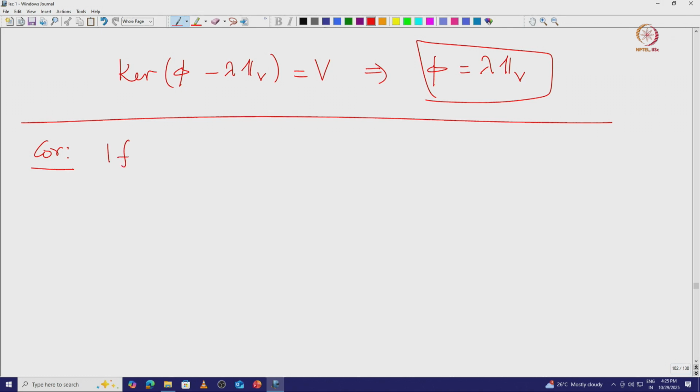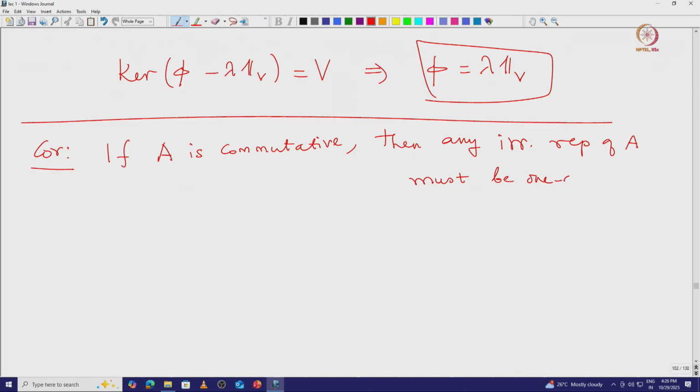So, let us write this as a corollary. If A is commutative, then any irreducible representation of A must be one dimensional.